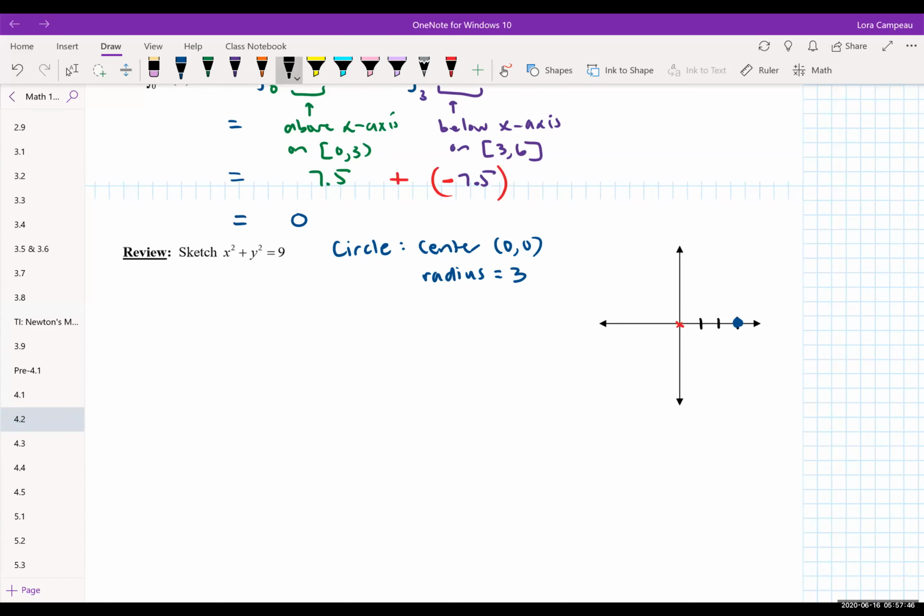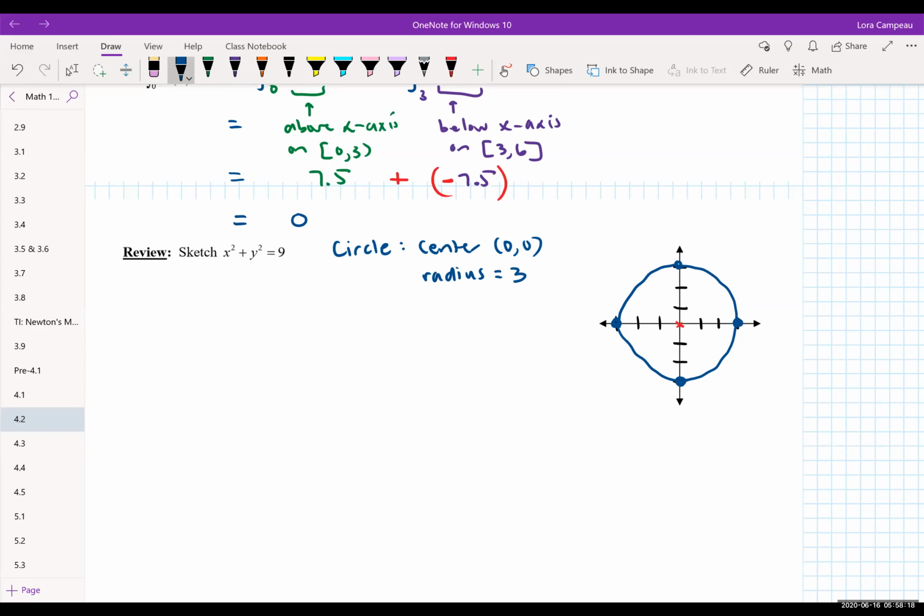I'll count outwards 3 units in all directions to get me guide points. So I have 4 guide points to make my circle, and I'll do my best to draw as nice of a circle as I can freehanding. Probably could have done a little bit better, but if you practice, you'll have a better idea. So we have ourselves a conic section.